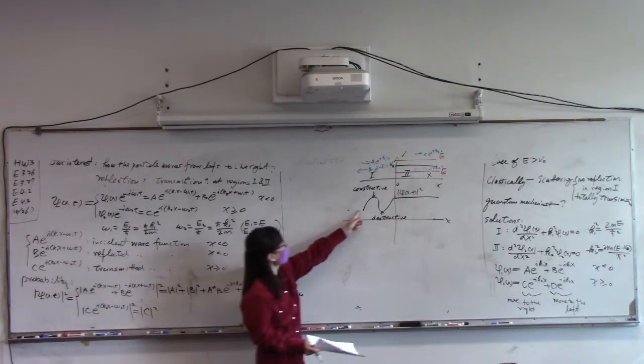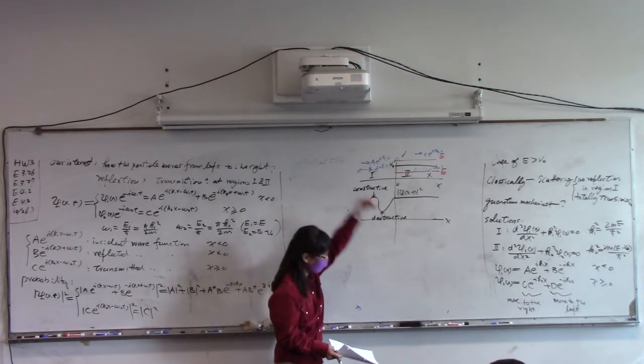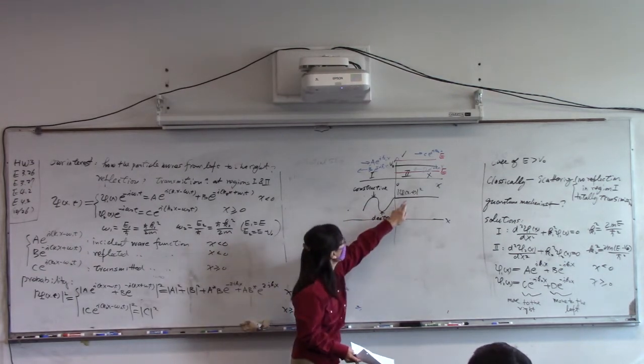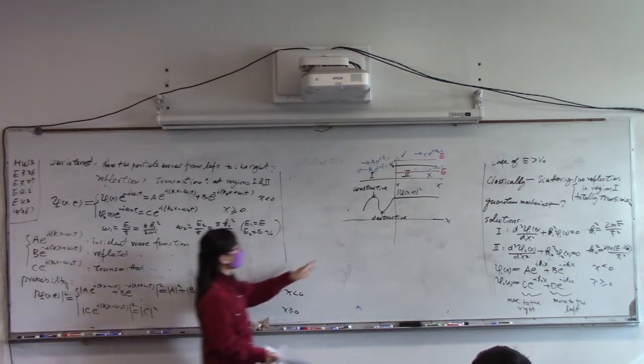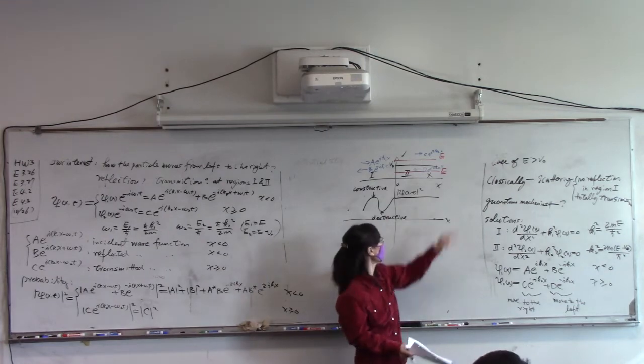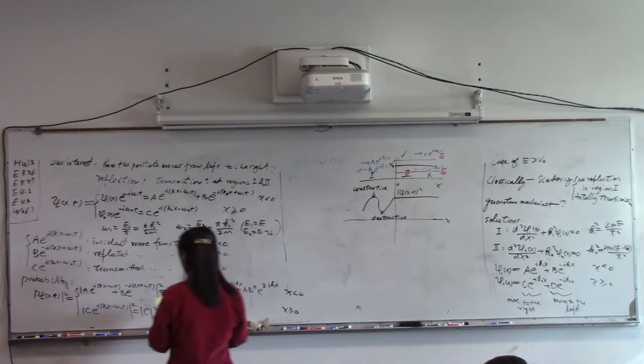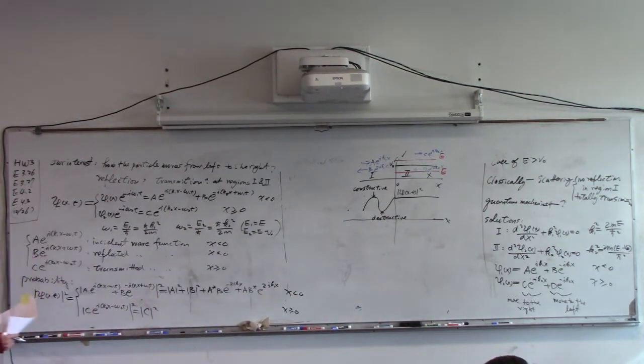That is the behavior of the probability, still like a sinusoidal function. But in region 2, since it is a constant, the probability to find the particle is constant. That is the behavior of the probability.